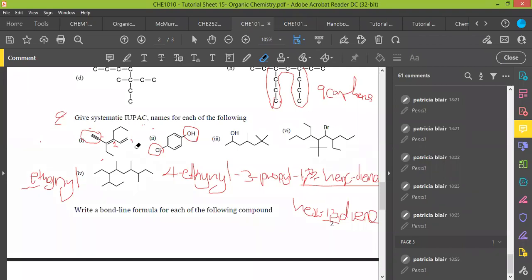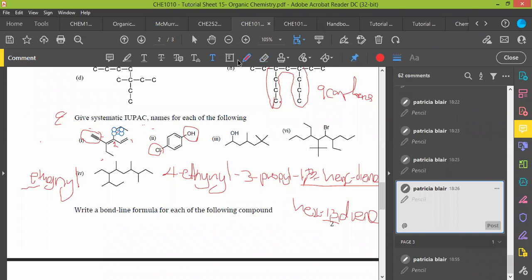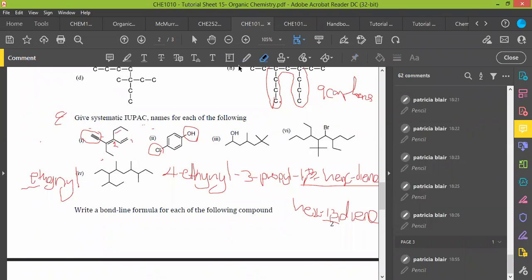So in a case like this, if we had 3 bonds, like if we had another alkyne group in the molecule, then we choose the alkyne group to be the one naming the compound. So say we put it here. It becomes like this.